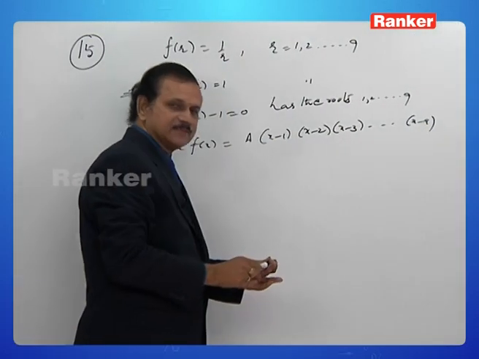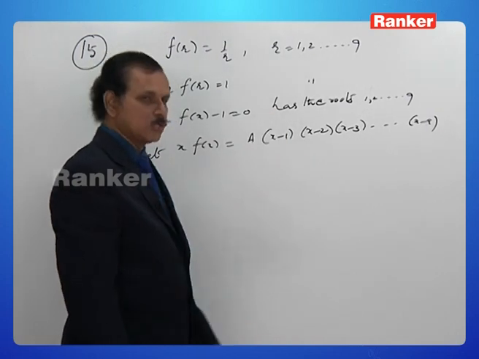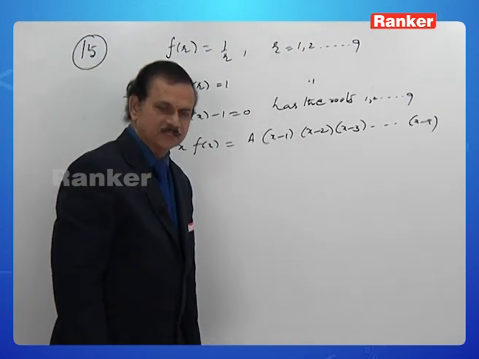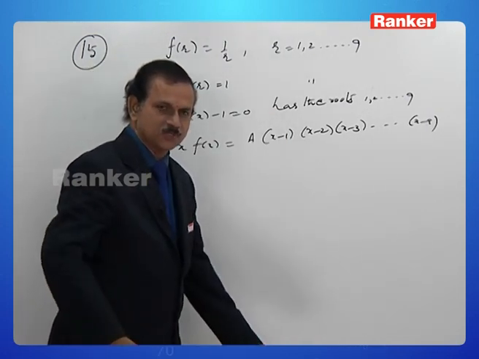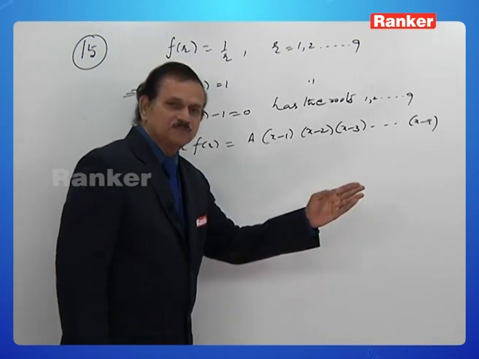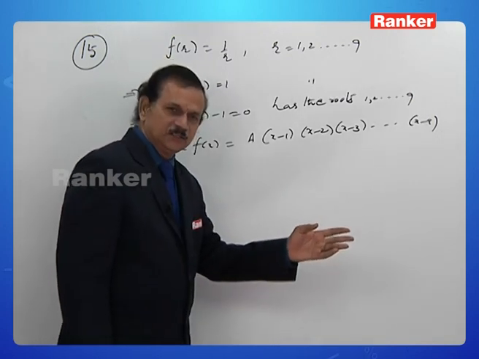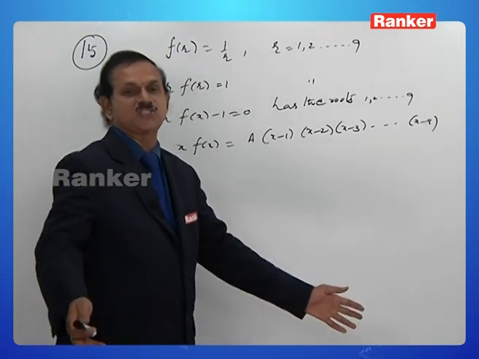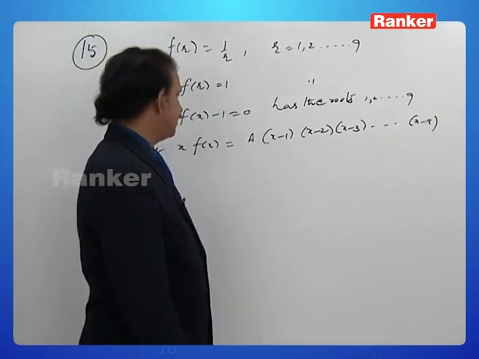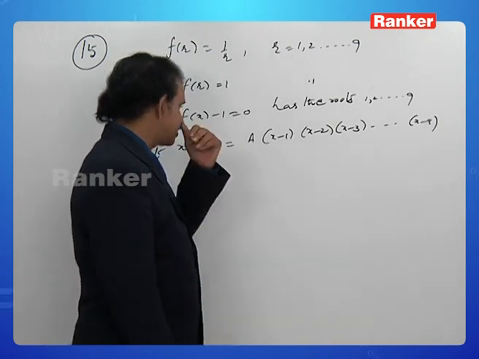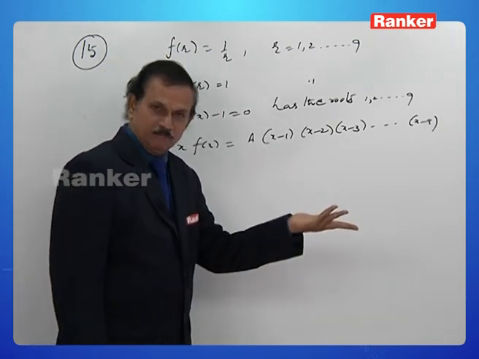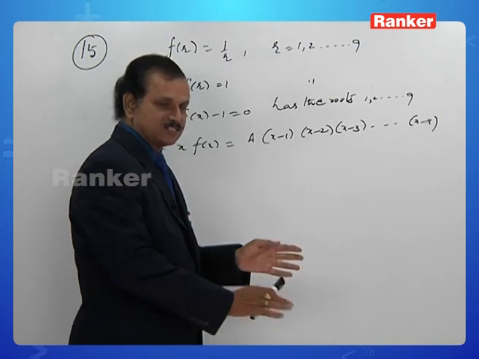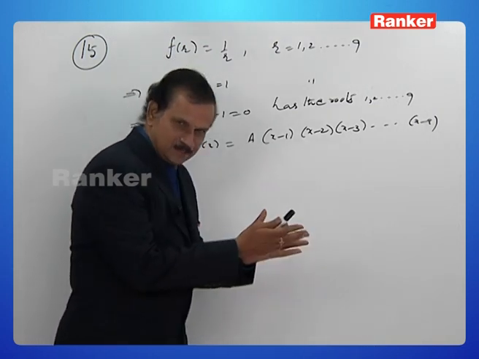Why is it possible? X is equal to 1 is a root, means x minus 1 is a factor. X is equal to 2 is a root, means x minus 2 is a factor. Proceeding like that, x minus 9 is also a factor. And it is assured that f of x is a polynomial of least degree. That is why we can assume this is a polynomial of 9th degree, because 9 factors are surely present here.